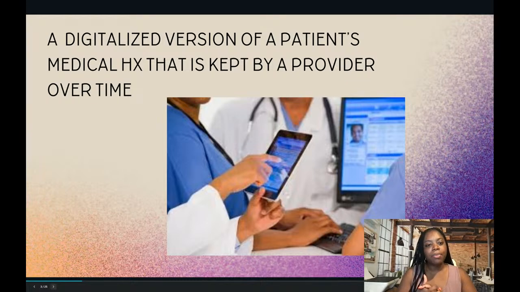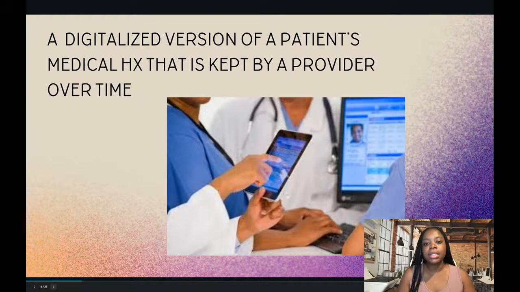But over time, we had the creation of EHRs, and then we no longer have to worry about having things on paper anymore. There are still some things that are on paper, but for the most part, things are electronic now. So you can just log into a cloud system, or if it's not a sophisticated system on the cloud, maybe it's some type of software that is downloaded to your actual computer.